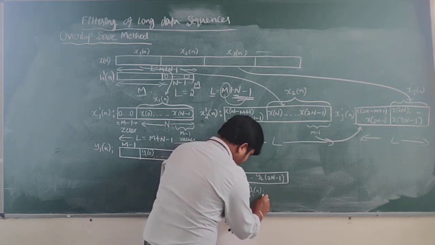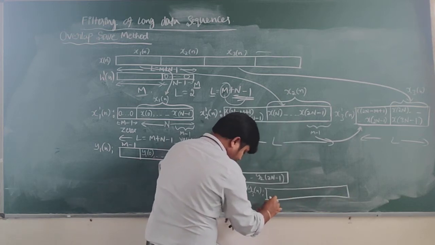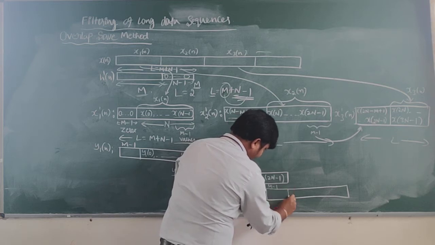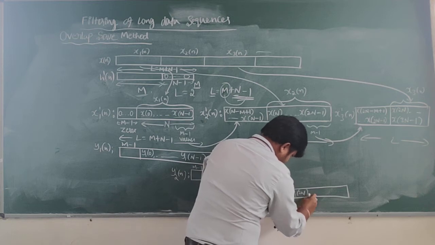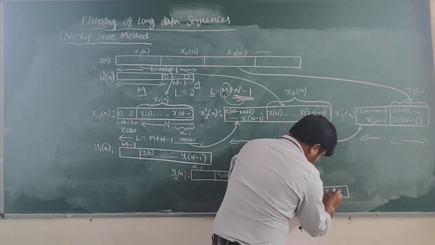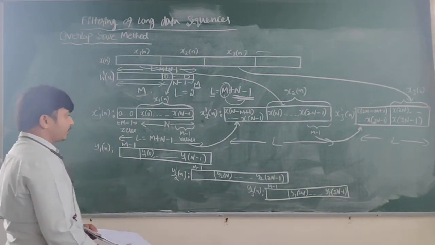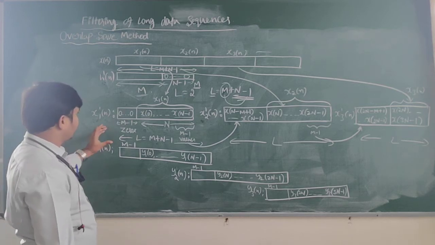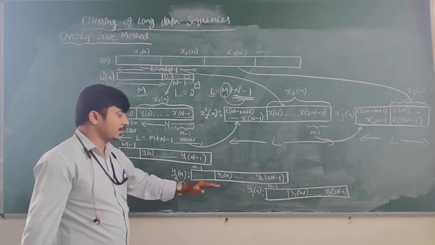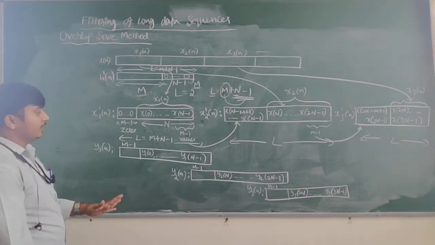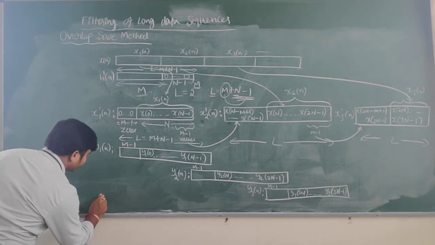Again, the first m minus 1 entries, then y3 of 2n so on up to y3 of 3n minus 1. Now I have all three output sequences, y1 of n, y2 of n and y3 of n. Now I need to find the final output y of n.